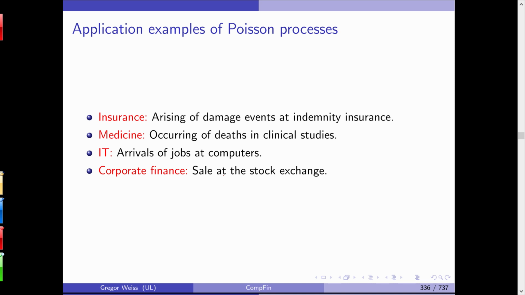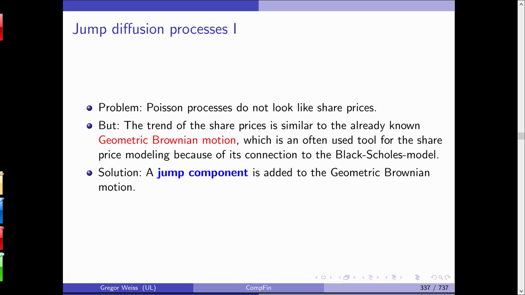For example, if you call our IT service here at the university, you will get a ticket and it will tell you, okay, your request is being handled under ticket number 2050, and please in all future correspondence refer to this ticket number. And of course, you need to model the occurrences of these jobs and these tickets. And in corporate finance, you can try to model sales on a stock exchange and transactions.